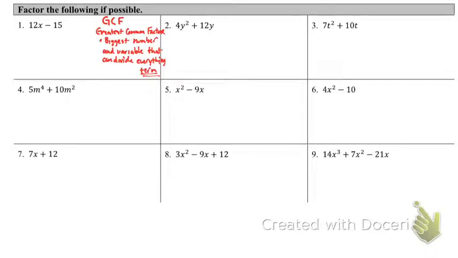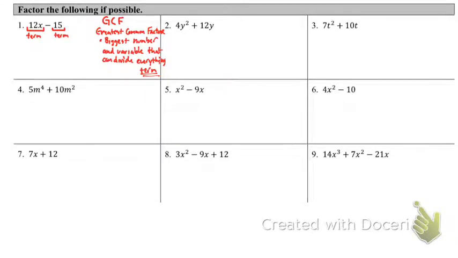Okay? So let's look at number one. If you look at number one, we have two terms. We have this term and this term. Again, a reminder, these are called terms. So my goal is to look at the numbers and figure out what's the biggest number that can divide both of these.